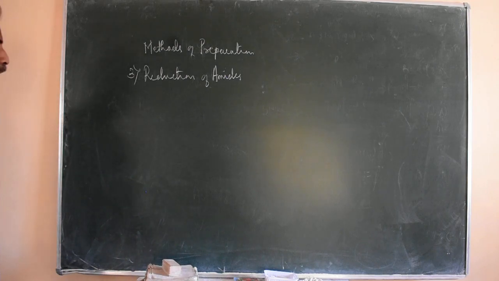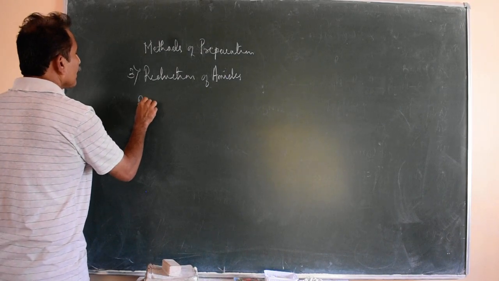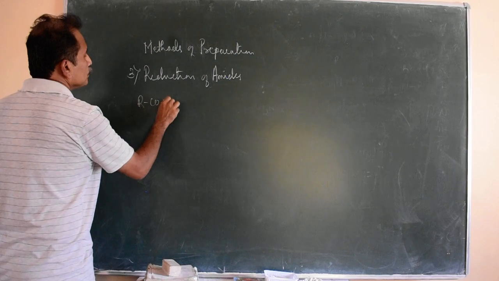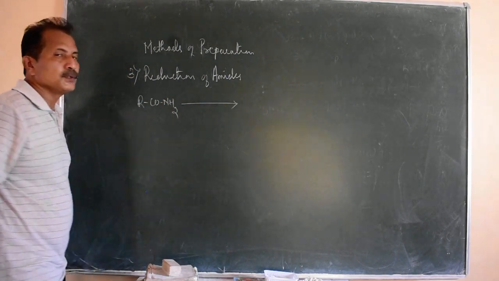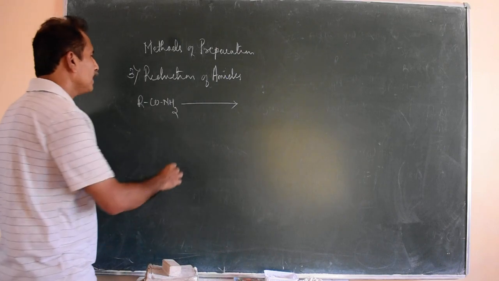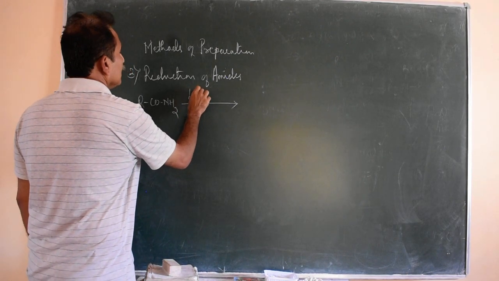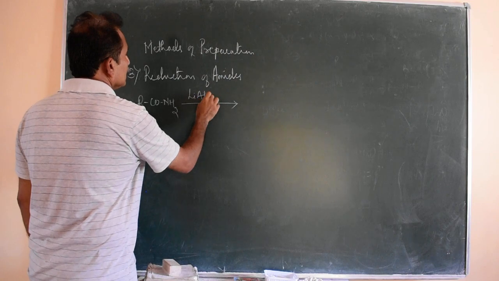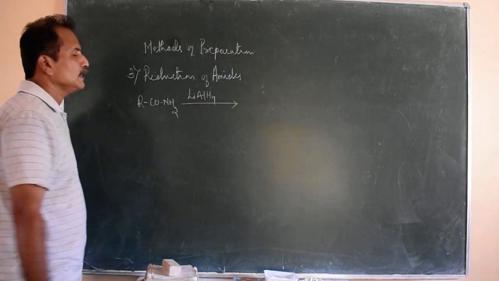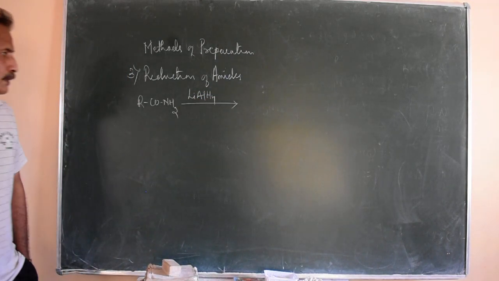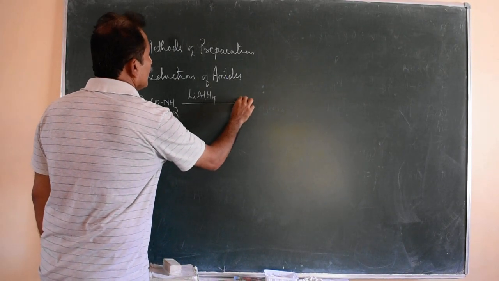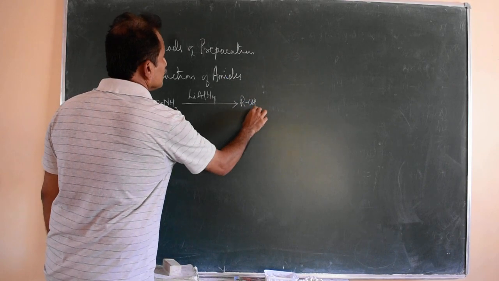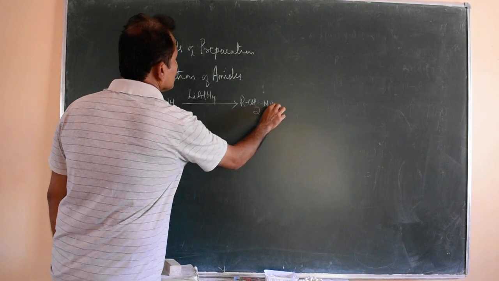So R-CONH2 can be reduced using lithium aluminum hydride, LiAlH4, to give you R-CH2-NH2.